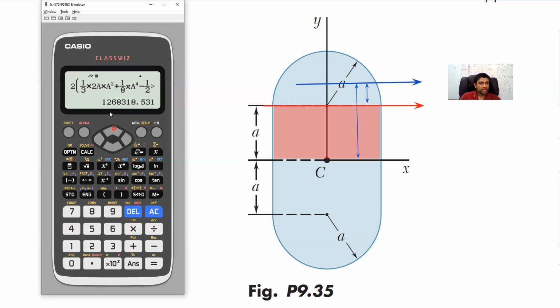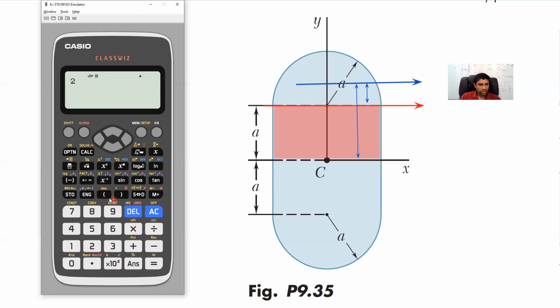When you are doing the previous calculation, if you press the calc button, it will ask for the value of a, then you put 20 or whatever the value, and it will produce the answer, right? If you just press the equal button, it will be calculated for the value already stored in the calculator, right?